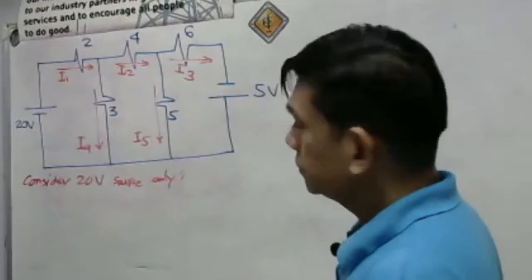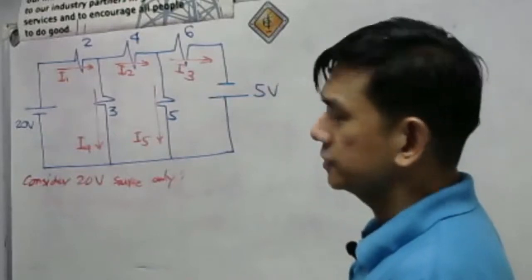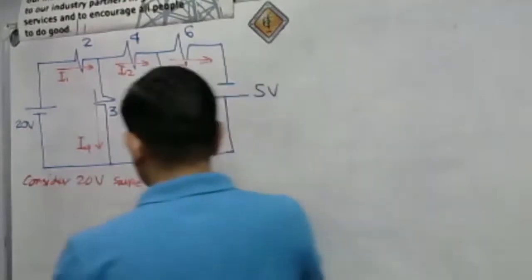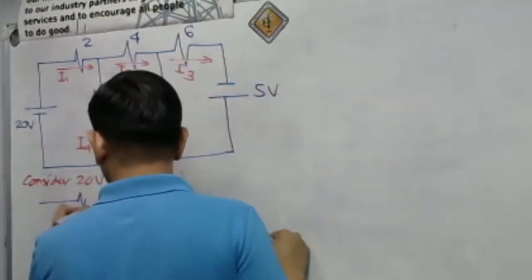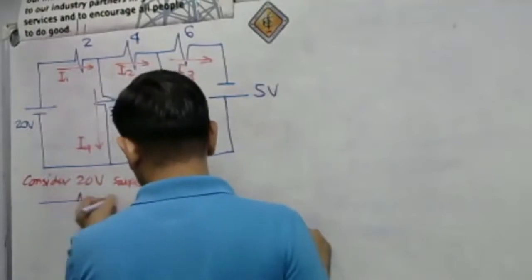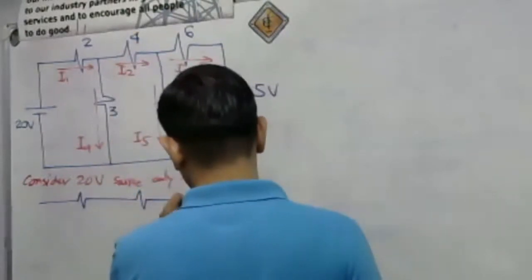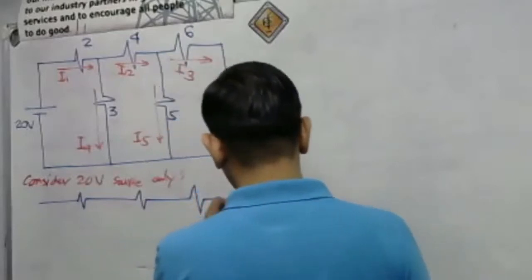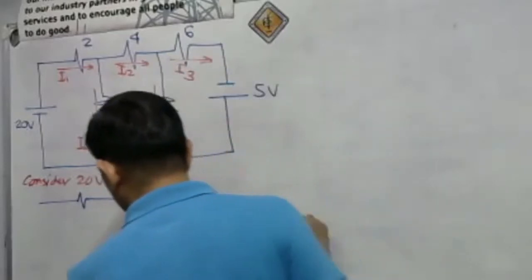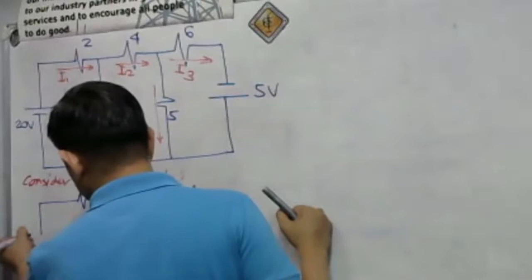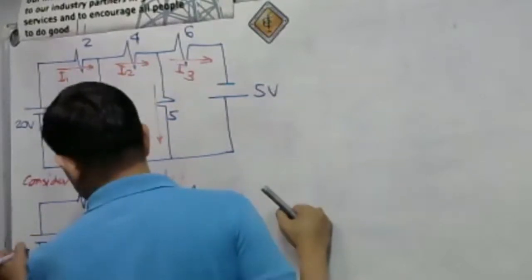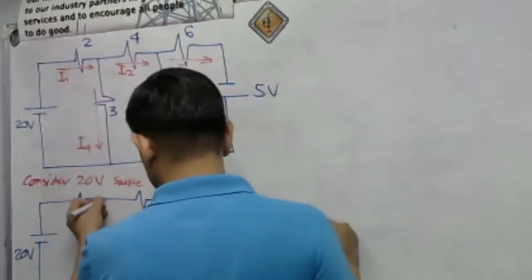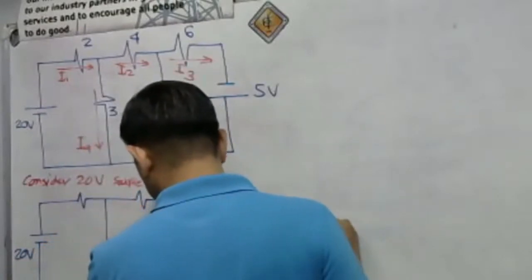So, let's go with this. We have basically a complicated series parallel circuit here. The 5-volt source is shorted. We just need the series parallel principle here, and the current divider is very important.